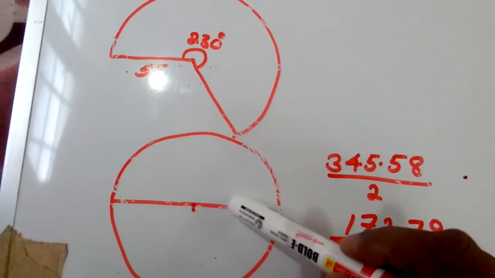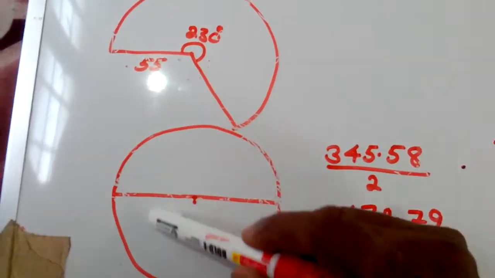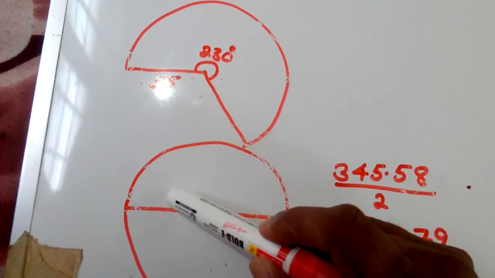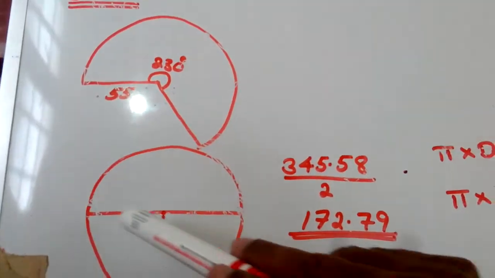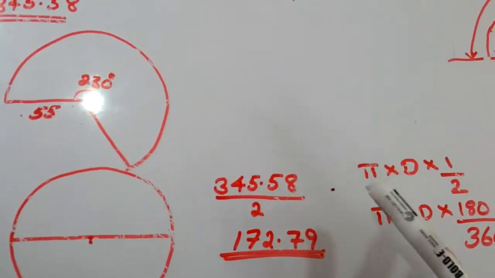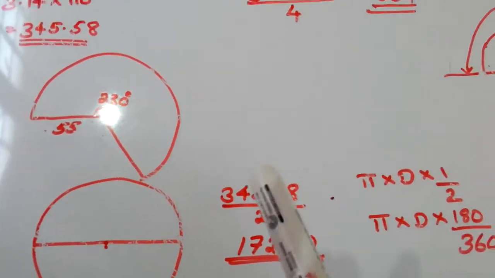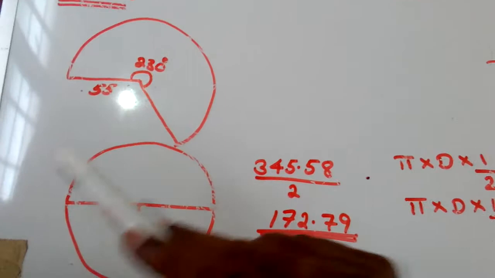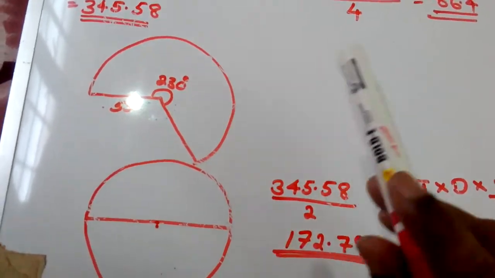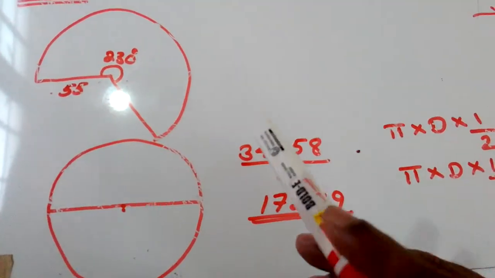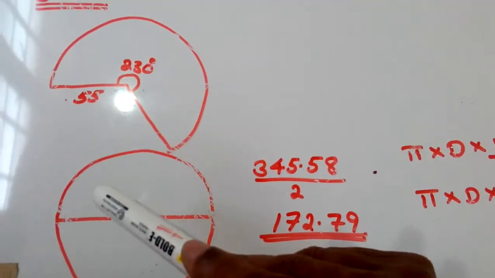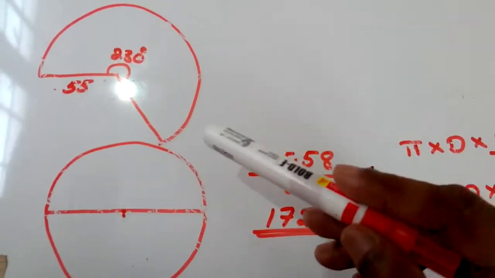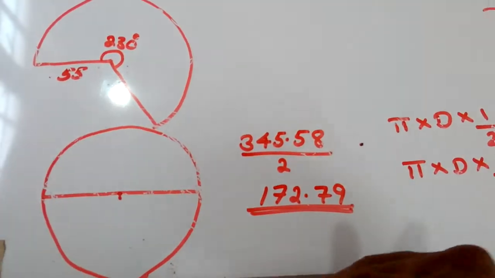Total 360 degrees are here. So 180 by 360 and 1 by 2 both are the same. For making half, we can use the formula pi d into 1 by 2. Pi d has to be multiplied with the portion we have to use with the total round.